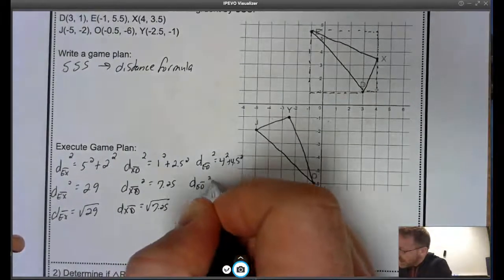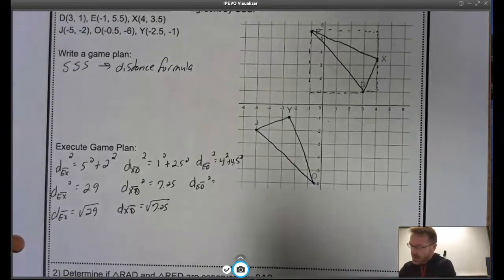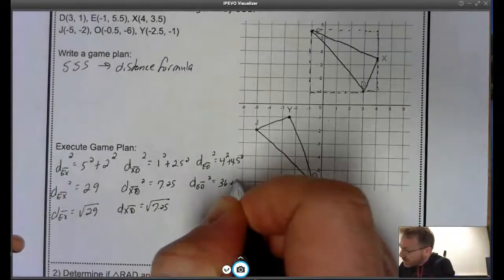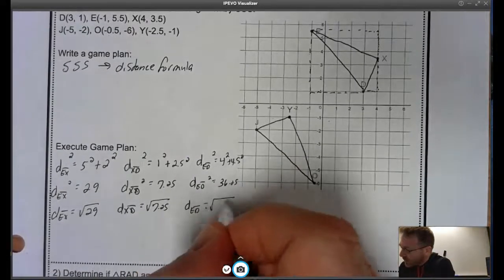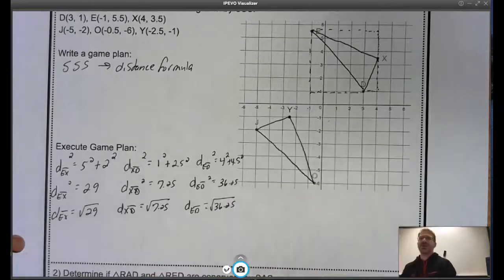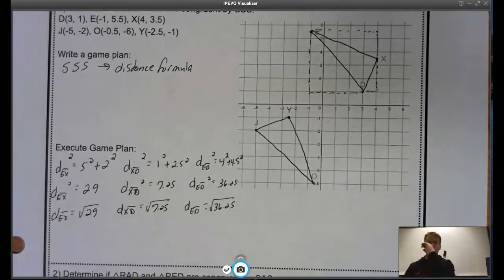So 4 squared plus 4.5 squared is 36.25. And so the distance of ED would be the square root of 36.25. And notice I'm not reducing anything here. This isn't necessarily a great way to leave the answer, but I'm really only comparing them. So I don't really care what the answer is. I just need to be able to see that they are the same.